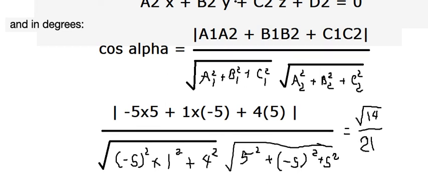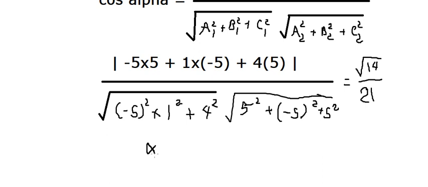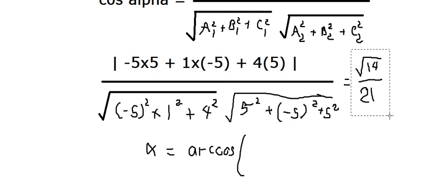Now we can find the angle in here. You need to find alpha is equal to cosine inverse of this one.